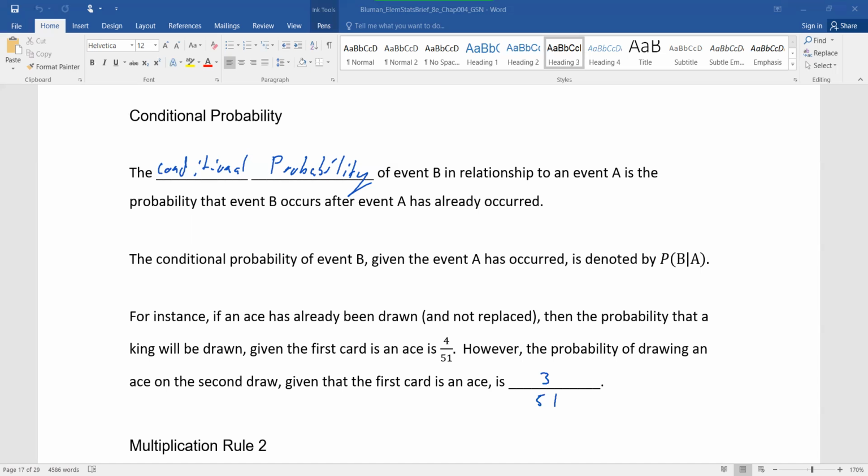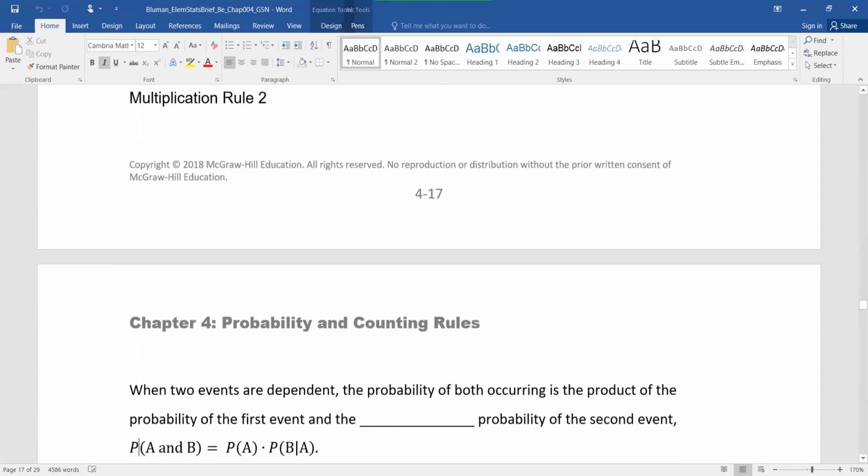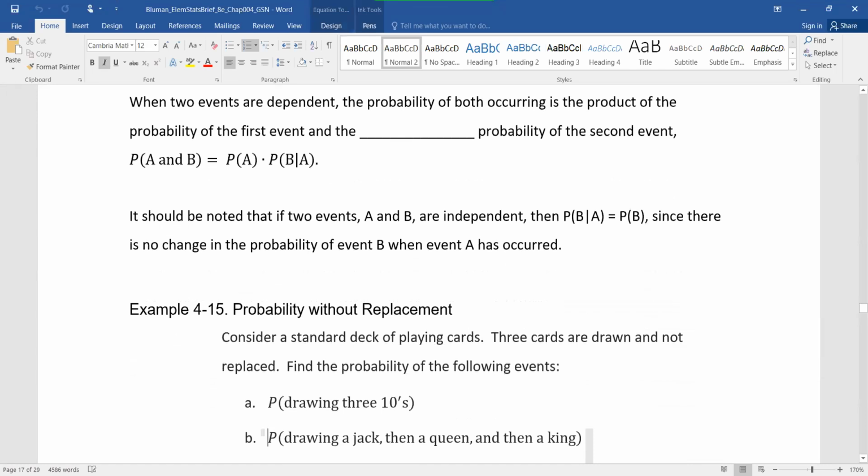No, let's go into multiplication rule 2. So when 2 events are dependent, the probability of both occurring is the product of the probability of the first event and the conditional probability of the second event.